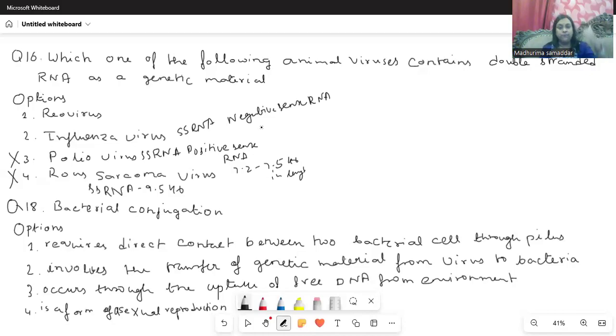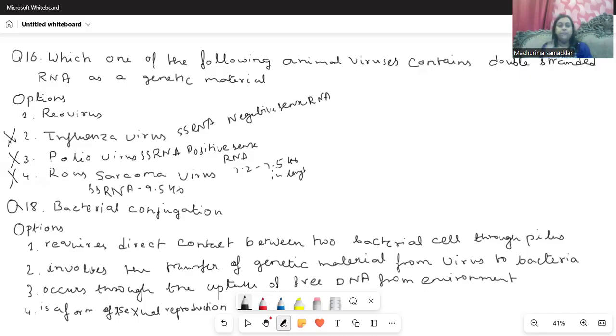It is converted to positive sense RNA by viral RNA-dependent RNA polymerase. After that, it can proceed towards the protein synthesis. But that is a different thing. Here we have to find whether it is single-stranded or double-stranded. So we got it. It is single-stranded. So the option is wrong.